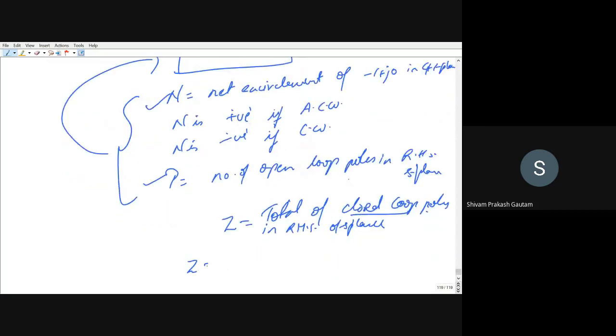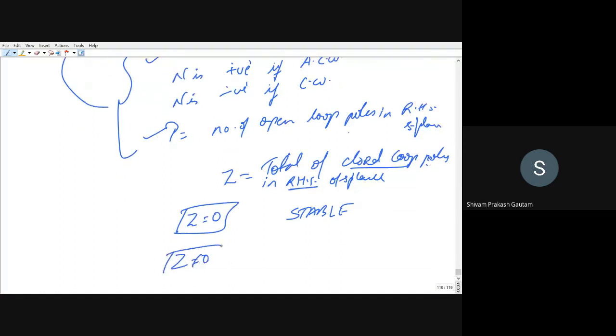So if Z is equal to 0, that means there are no closed loop poles lying on the right hand side of the S plane. That means the system will be in a stable condition. If Z is not equal to 0, the system is unstable, and whatever the value of Z, that many closed loop poles will lie on the right hand side of the S plane.